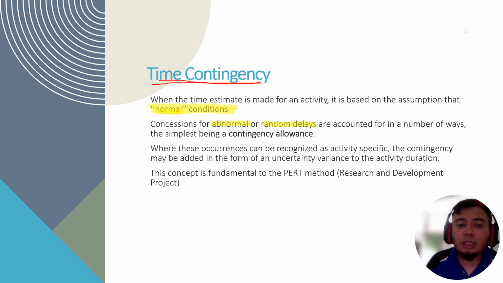You allow for contingency, like we've discussed before, during monsoon season. So you make some allowance for contingency, because there will be days that you cannot work due to heavy storm or flooding.